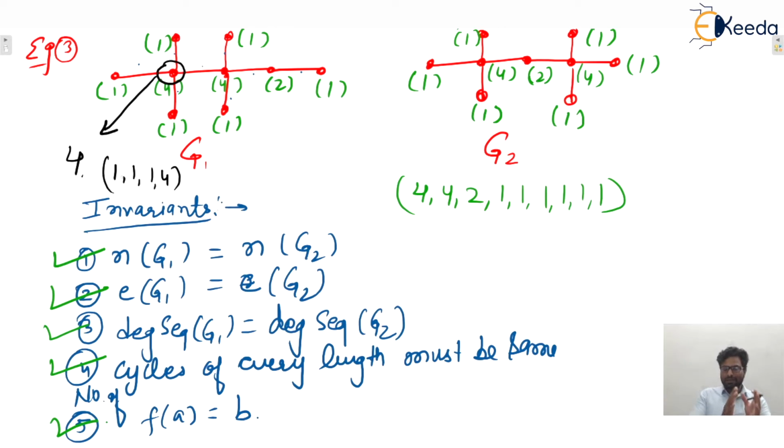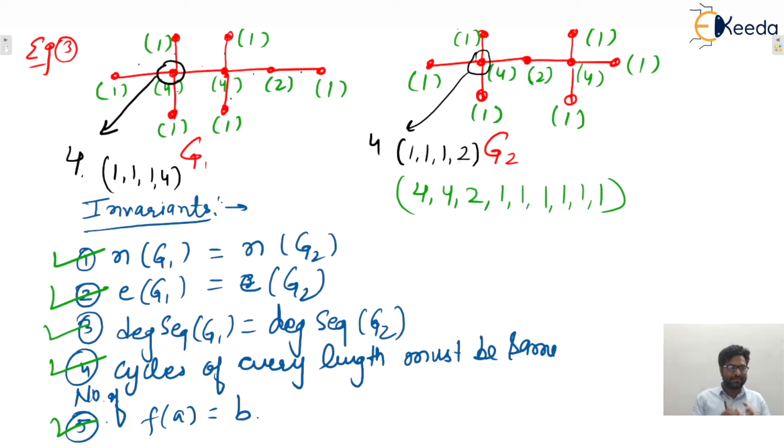Now tell me, is there any vertex in G2 with degree 4 having adjacent vertices with these degrees? Here also one vertex is there with degree 4, but its adjacent vertices have degree 1, 1, 1, 2. That is the difference.